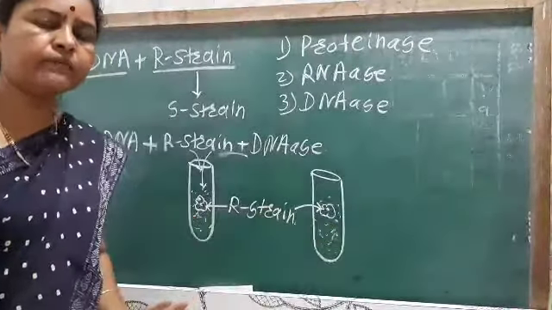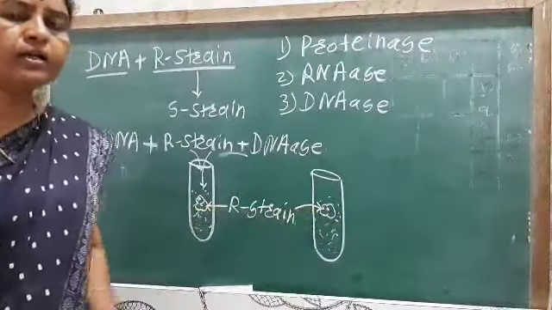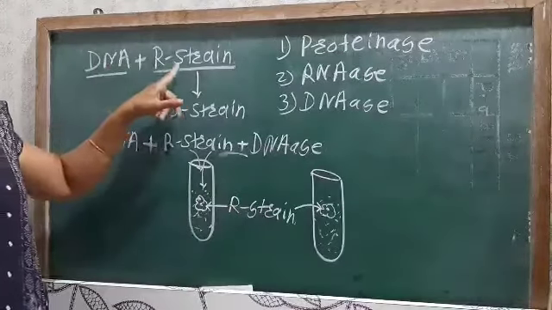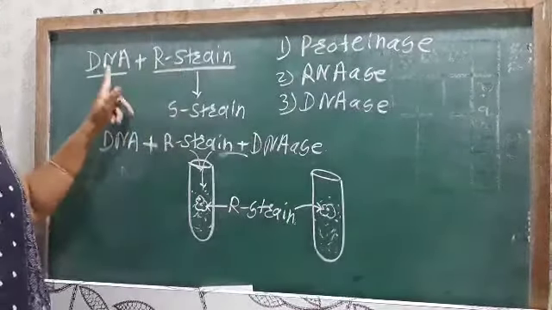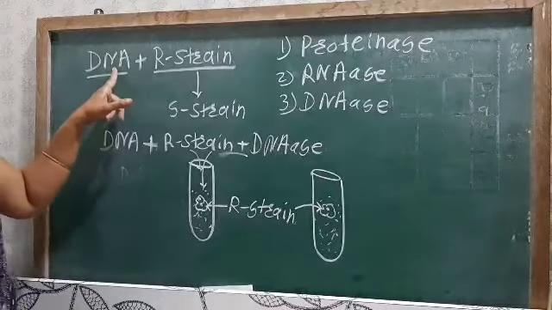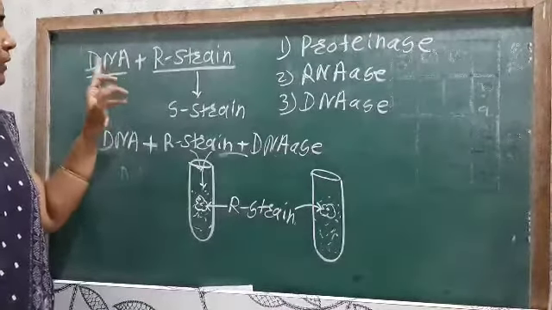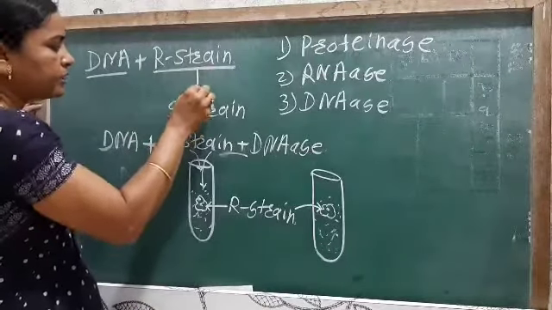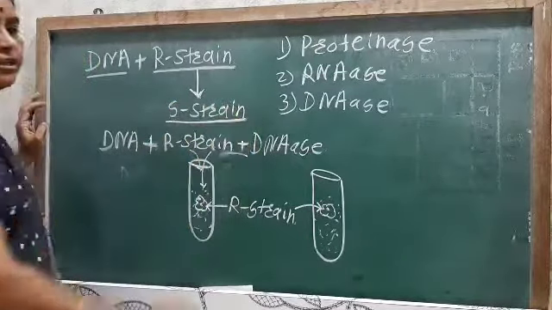There is never any change in the rough strain. So here in this mixture of DNA and R strain, DNA is the transforming principle, and due to the presence of this DNA, the R strain gets transformed into the S strain.